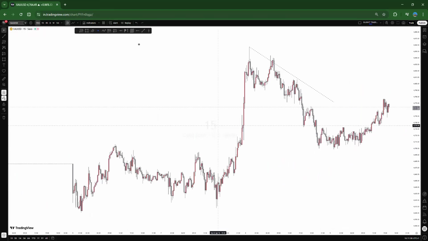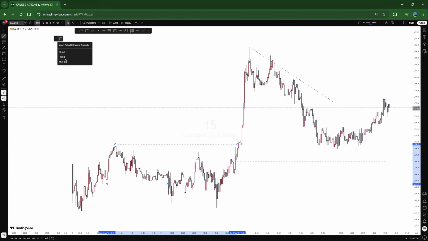The only thing I'll be expecting to buy from is actually from this particular pure high right around here. Why? Because price broke this low, then took out this high right around here. Now, as you can see, there haven't been any other structure like this in this current leg.